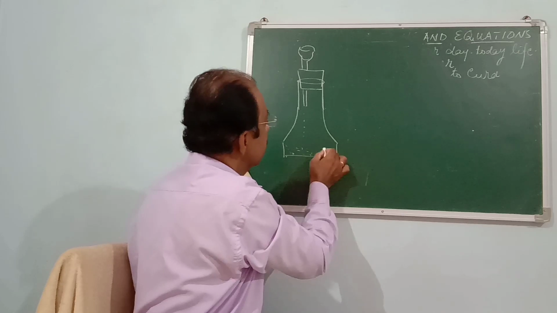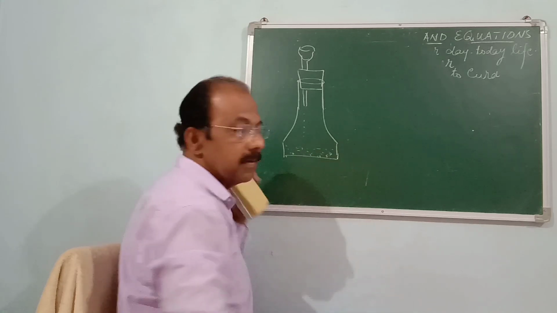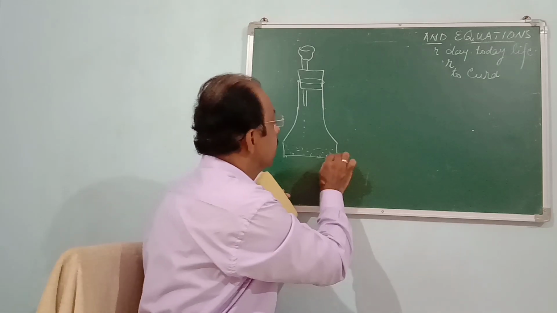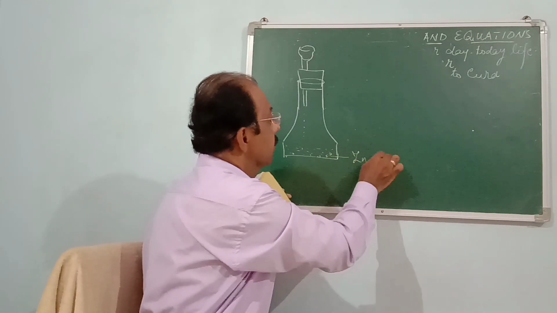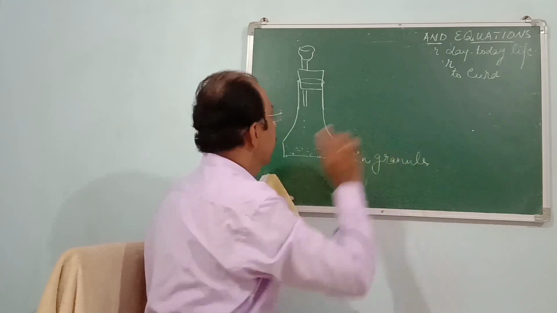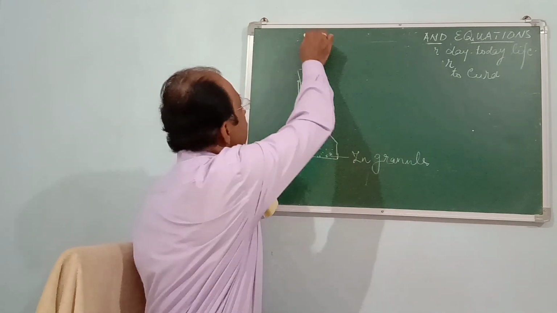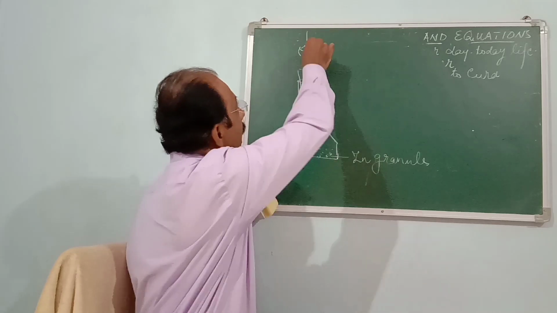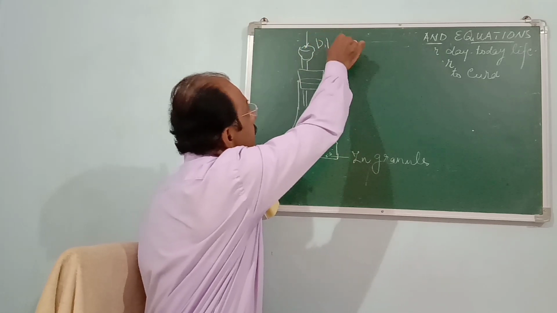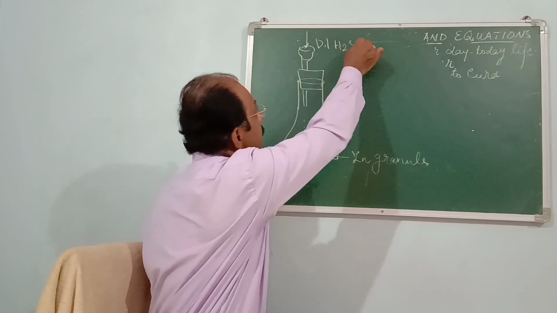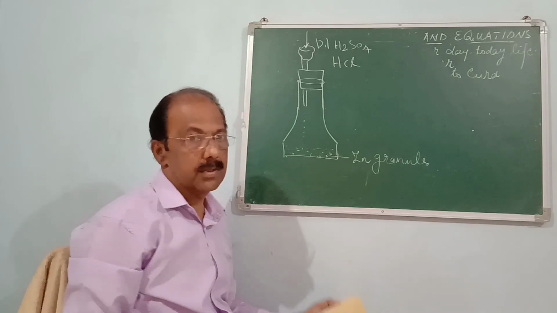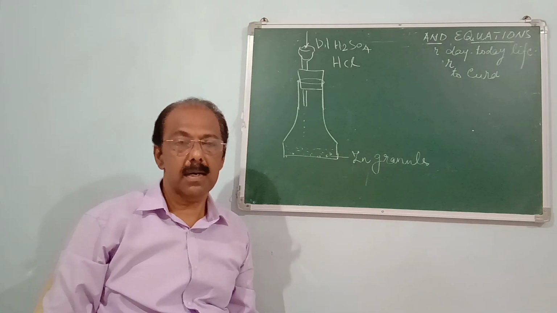Before we close the conical flask, put some zinc granules in it. So zinc granules are put. I am using a thistle funnel and dilute H2SO4 or HCl, any acid, sulfuric acid or hydrochloric acid.